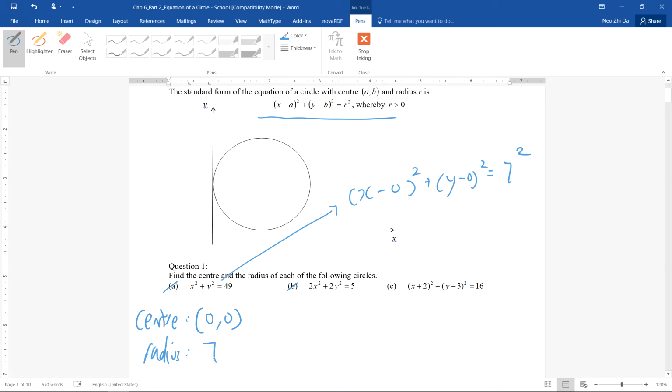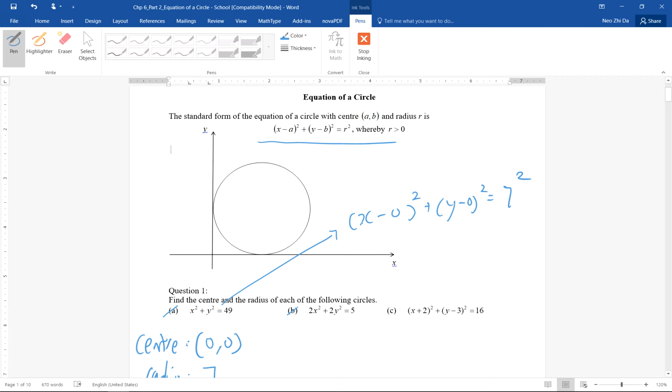Okay, x squared, can I write it as x minus 0? Yes. Or y squared, is it the same as y minus 0? Yes. Next, you realize that in the standard form, the coefficient is 1, but here the coefficient is 2. Can you allow that to happen? Cannot. You have to divide by 2. So your first working.